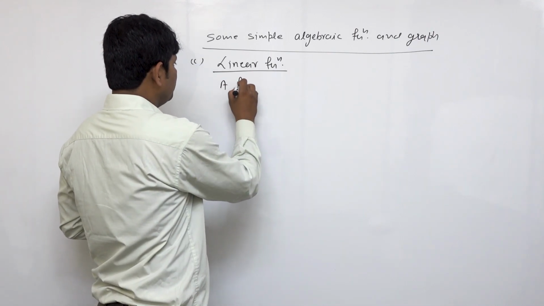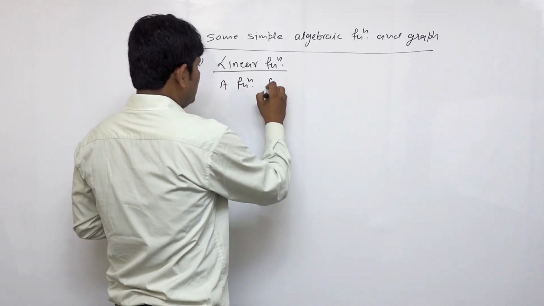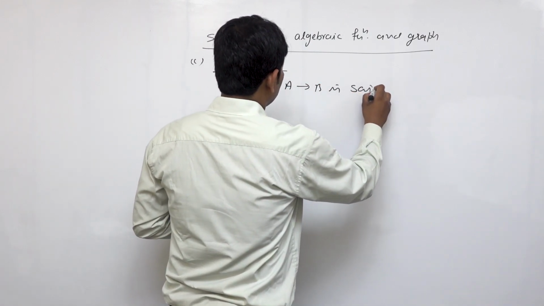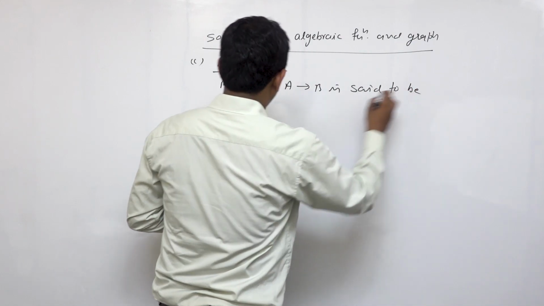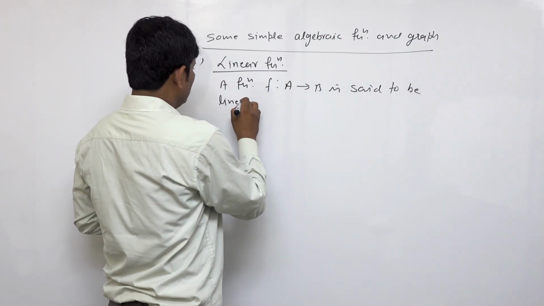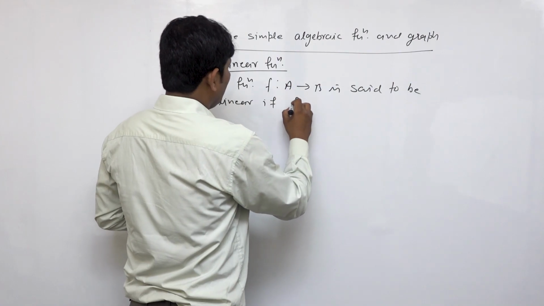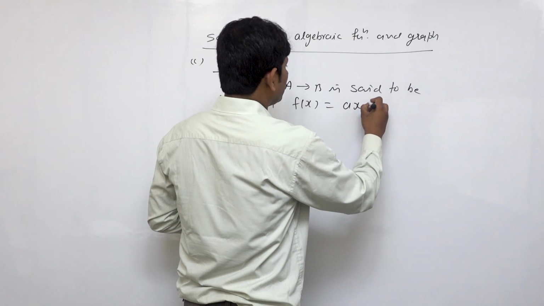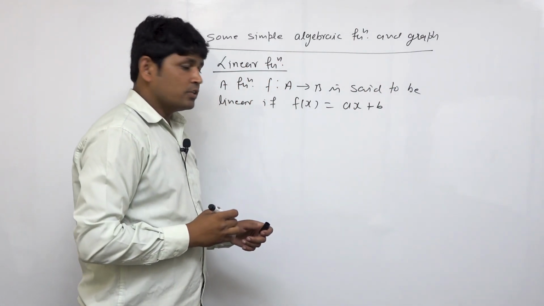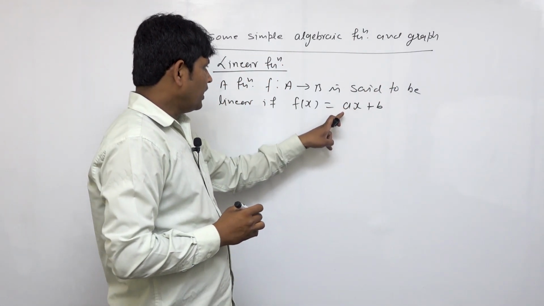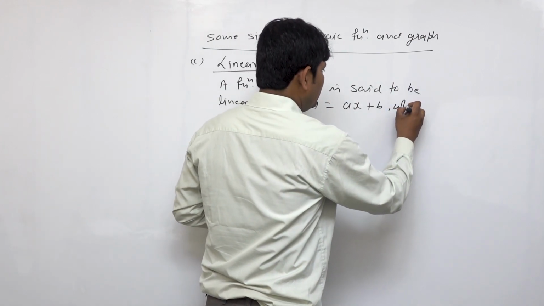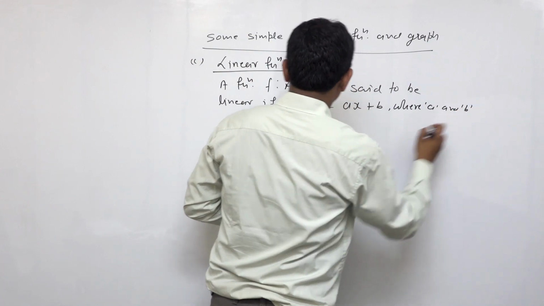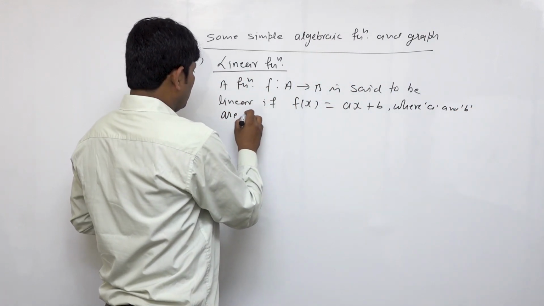A function f defined from a to b is said to be linear if fx is equal to, you can write in the form of, this is the format, ax plus b, where a and b are constant.